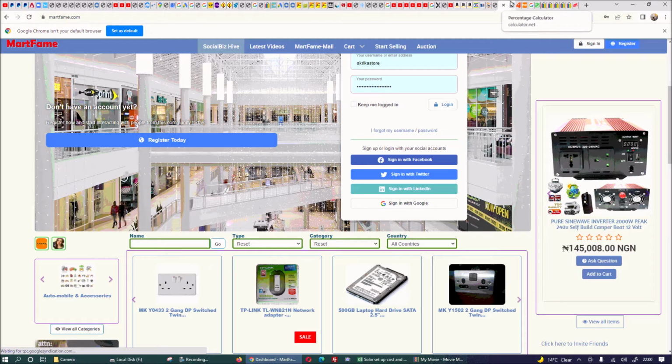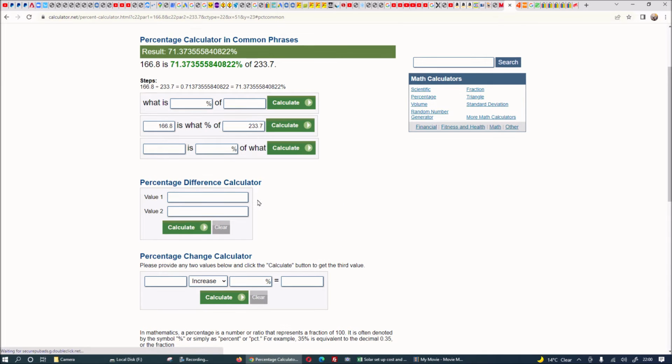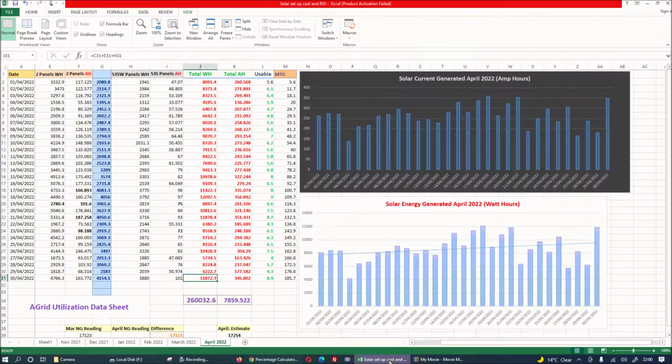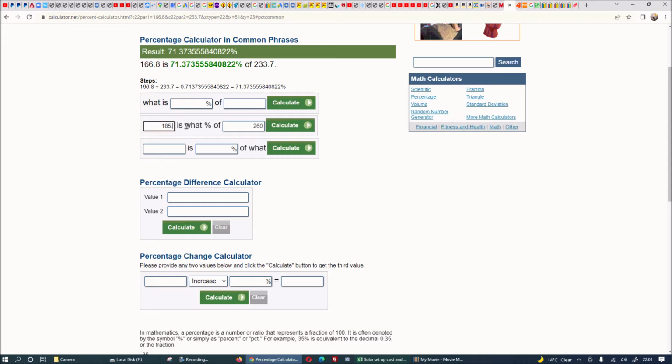Let me bring up this calculation for the sense of accuracy. I've generated 260 kilowatt hour, and I've used 185.7. I just want to check the percentage of that I've used.